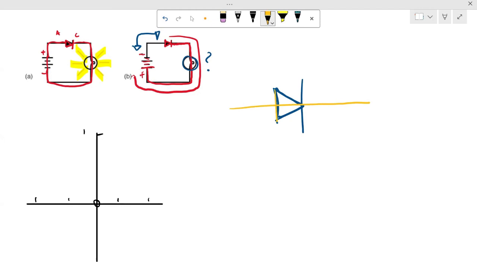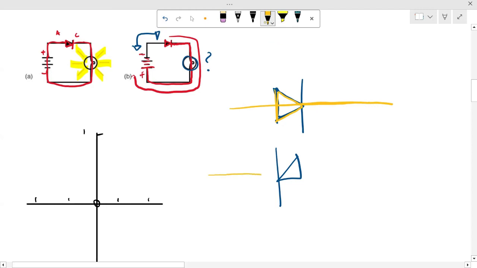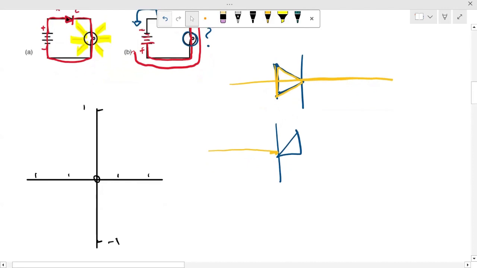So it enters the arrow, and then the arrow pushes it and sends it out in this direction. However, if the current is coming like this, you can think about this being a door. So the current hits the door and it can't get through the gate. It's just to help you remember.